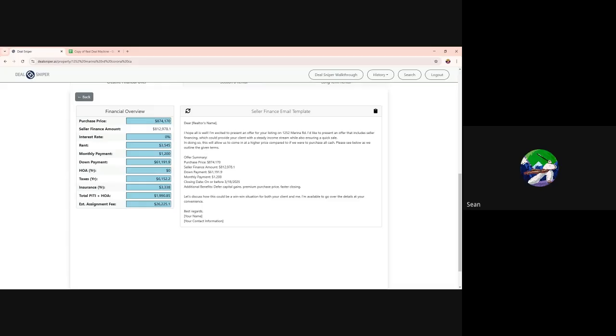But when you're dealing with properties that are on market and you're doing seller financing, you notice here, in this case, now granted, the down payment's $60,000. This is the example I used. If the purchase price is $874,000, we'll round it to $875,000, and a realtor's charging 3%, that's $26,000 of this $60,000 the seller would have to give up.